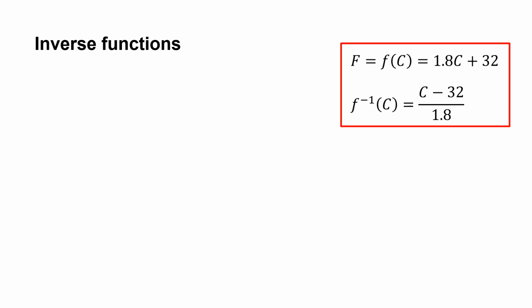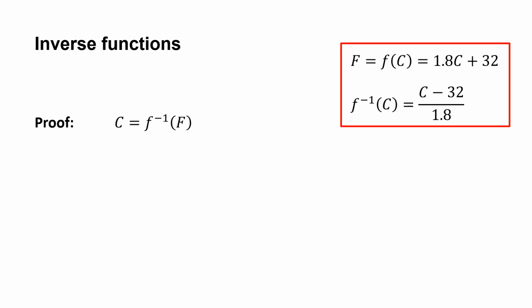We have our initial function, which took a value in degrees Celsius, multiplied that value by 1.8 and added 32, and it outputted a value in degrees Fahrenheit. And we then worked out the inverse function, which is (C minus 32) over 1.8.